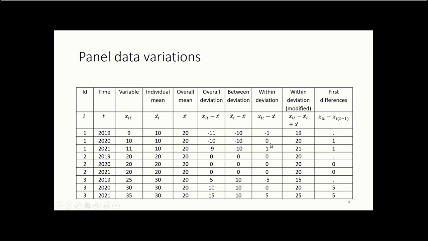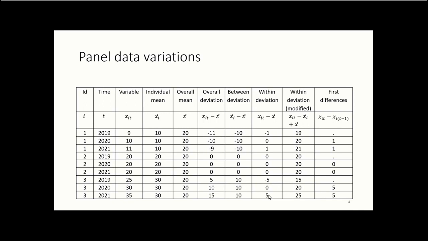Here they're at their mean, and here they're 1 unit above the mean. This individual doesn't vary over time, and this individual is 5 units below the mean in the first year, and in the third year is 5 units above the mean. So that's the within variation of how each variable varies over time.